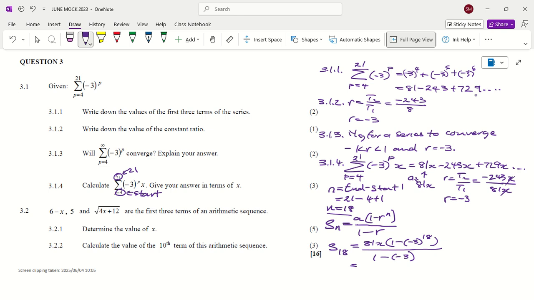So now, let's simplify the bracket. When we simplify the bracket here, we'll have 81x.